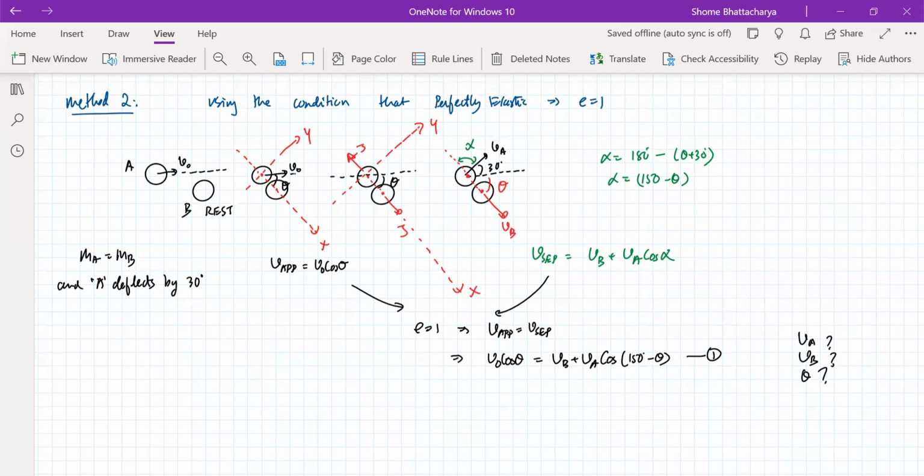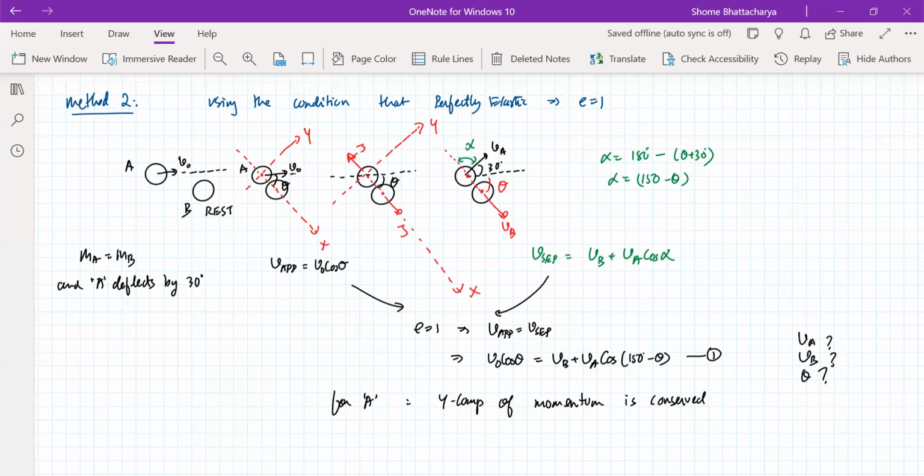Now the second thing we can see here is that for the particle A, the Y component of momentum is conserved. Can you tell me why this is happening? First of all, should this be correct?